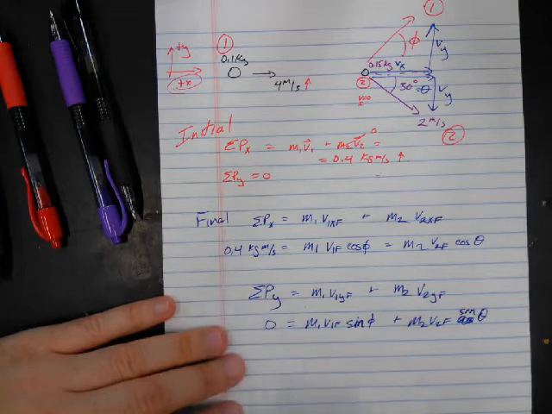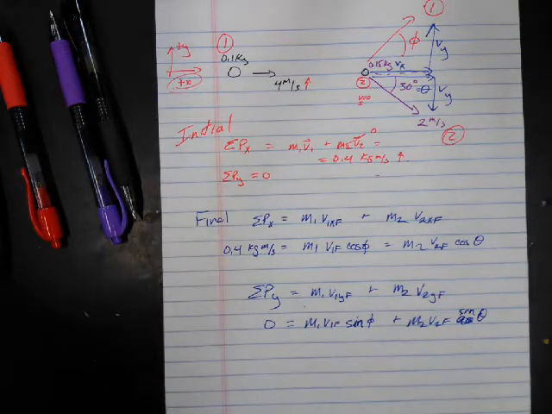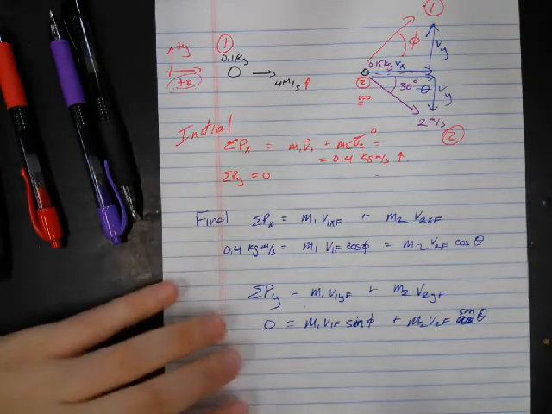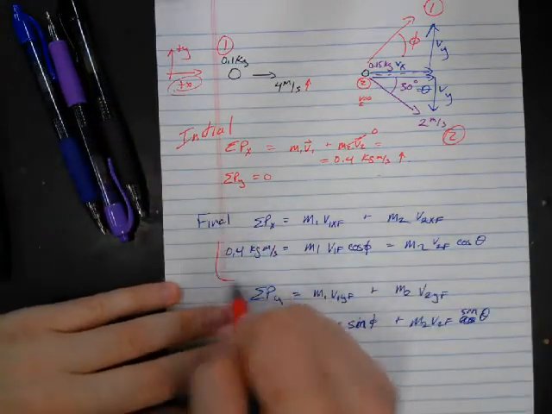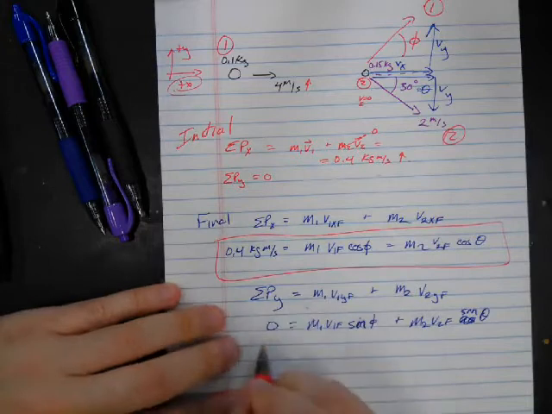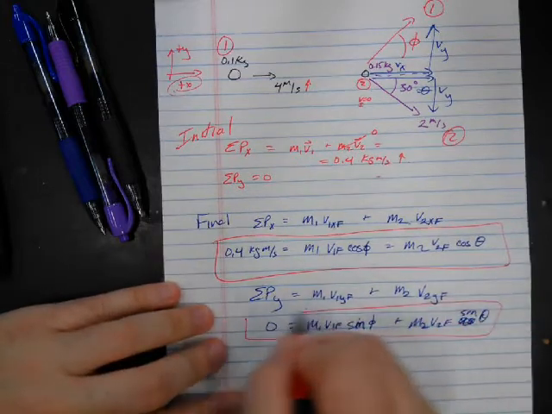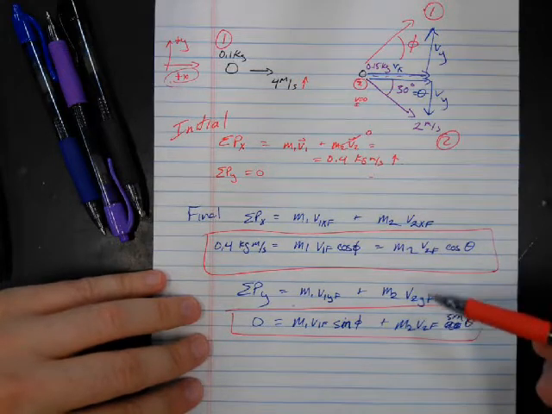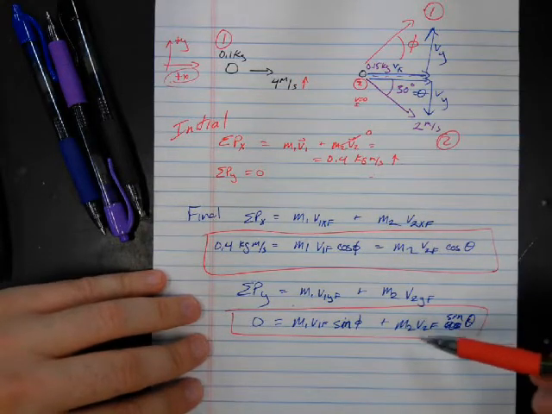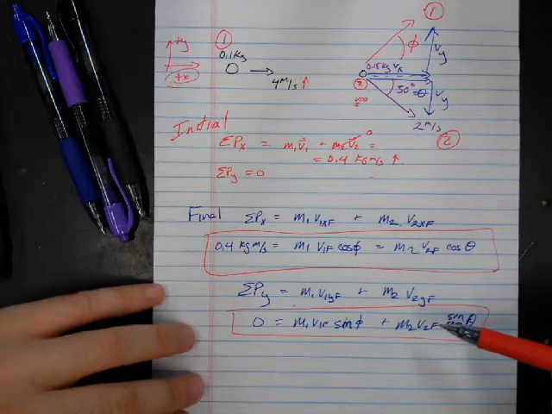And this has to be 0. So what this does is give you a system of equations, this one and this one, to solve for. And what's nice is that we already know numbers that go into these.